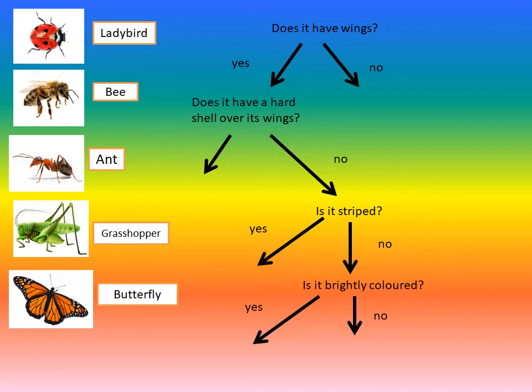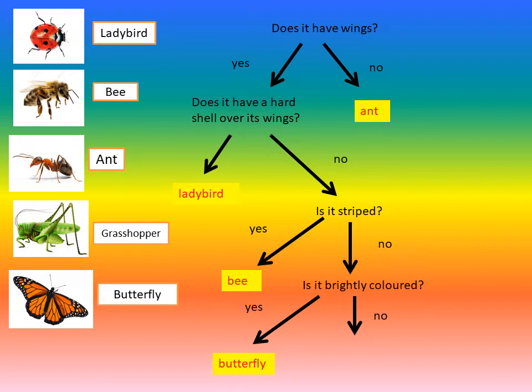The insect that doesn't have wings is an ant. The insect that has wings and has a hard shell over its wings is a ladybird. The insect that has wings but doesn't have a hard shell over its wings and has stripes on its body is a bee. The insect that is brightly colored but doesn't have stripes, doesn't have a hard shell over its wings, but has wings, is a butterfly.